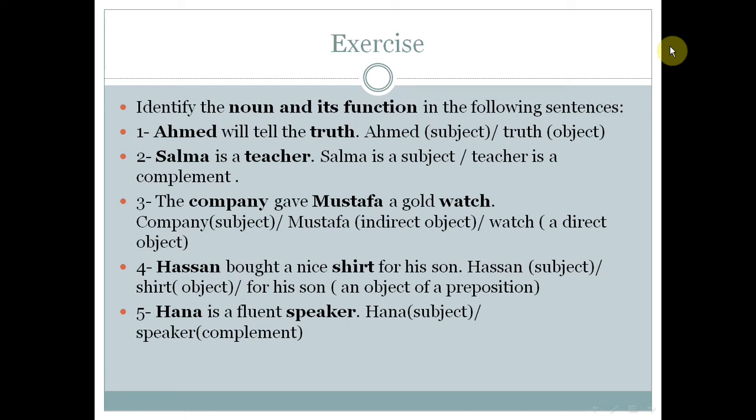For is a preposition. His son is a noun here. Son is a noun preceded with the possessive pronoun his. So Hassan is the subject, shirt is the direct object, and for his son is an object of a preposition, and it's an indirect object.